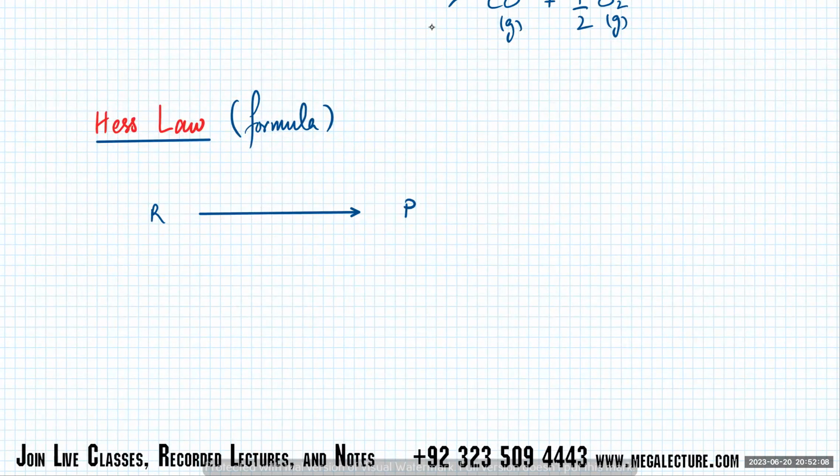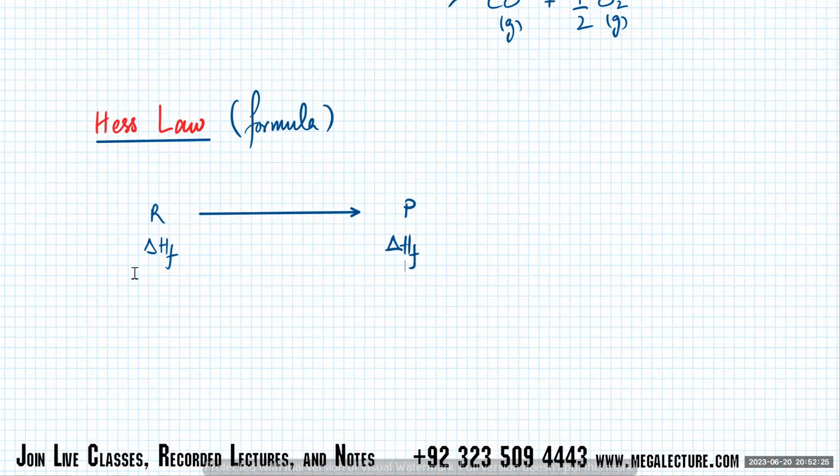So if you know the enthalpy change of formation of the reactants and you know the enthalpy change of formation of the products, it doesn't matter what the reactants are, what the products are, or what the reaction itself is.